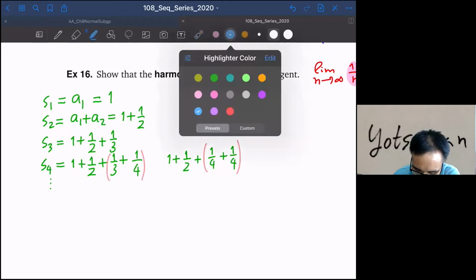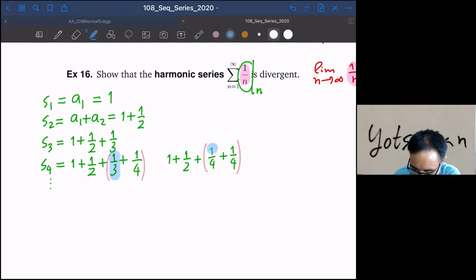If you compare 1/3 and 1/4, you know that 1/3 is 0.33 and 1/4 is 0.25.